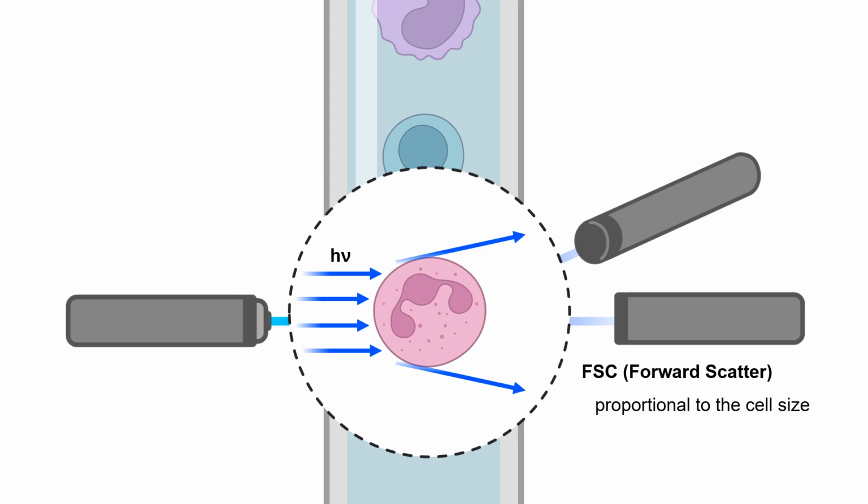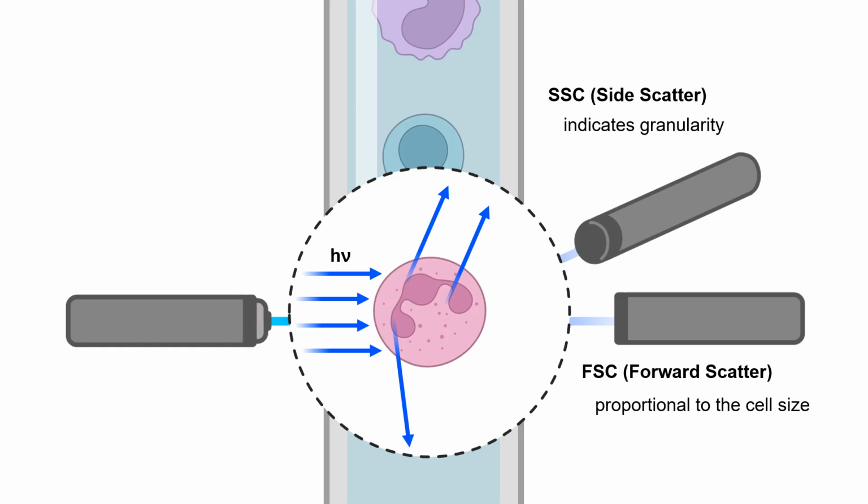So if the cell size is bigger, then the forward scattered signal is also big. Another detector, the side detector, can measure the side scatter, and this side scattering signal is usually proportional to the granularity. So if the cells have a lot of granules, then the side scatter signal increases.